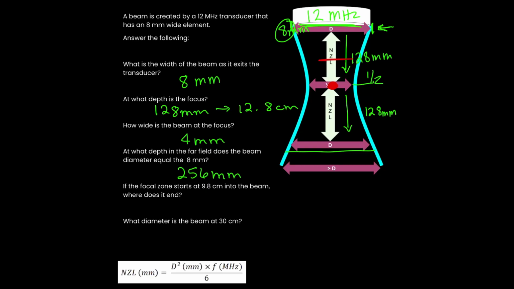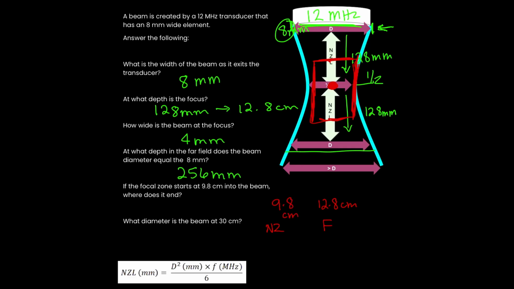So the focal zone needs to extend equally into the near zone and equally into the far zone. We calculated that the focus is at 12.8 centimeters, and the beginning of the focal zone in the near zone started at 9.8 centimeters.